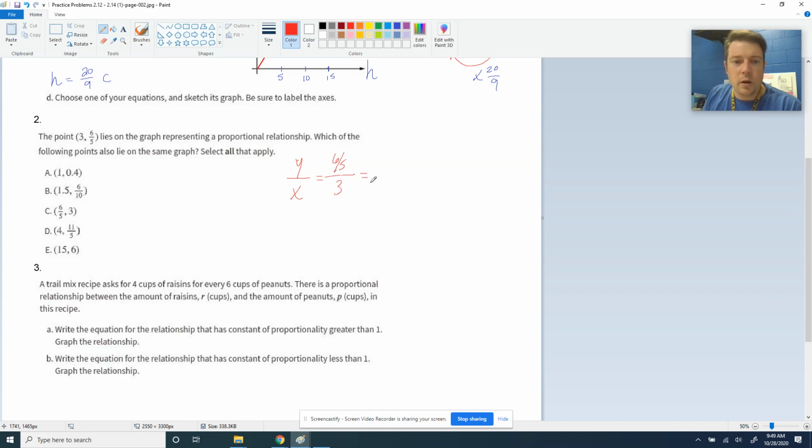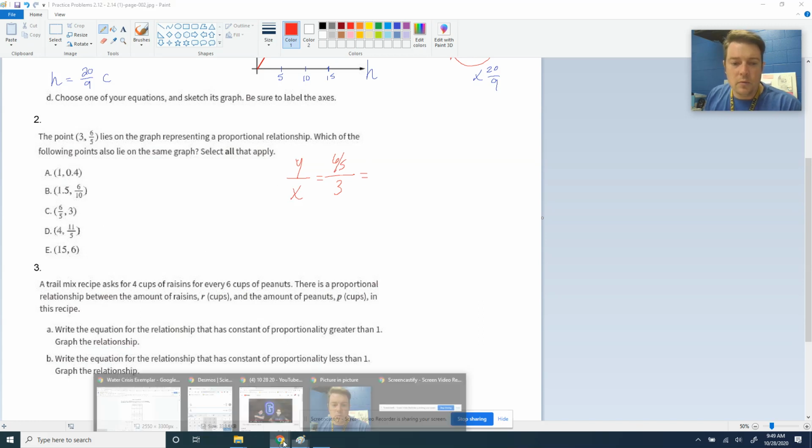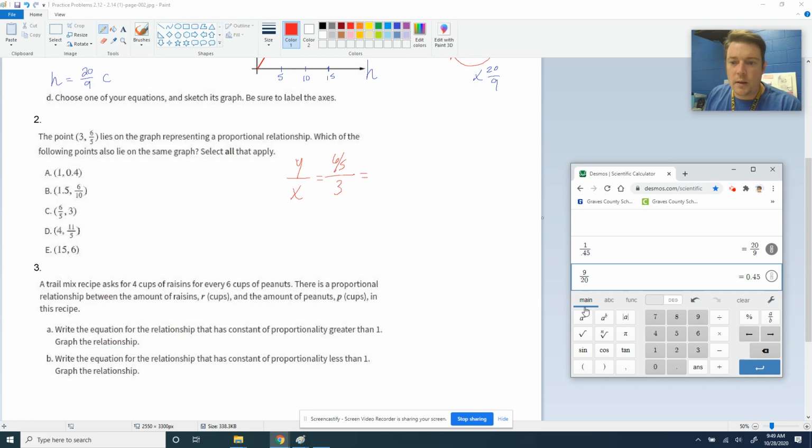So we're looking for other ordered pairs that have this same relationship. So what I'm going to do is divide 6/5, oh, let me clear. 6/5, I'm going to take that fraction and divide it by 3. And I see that I get a ratio of 4/10 or 2/5.